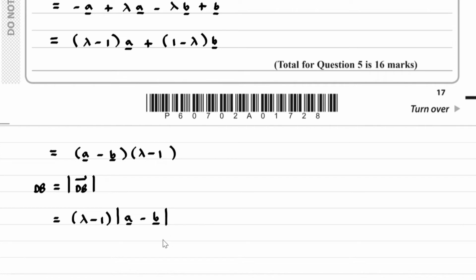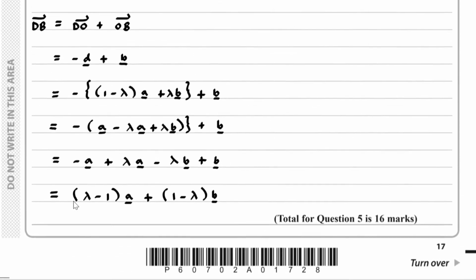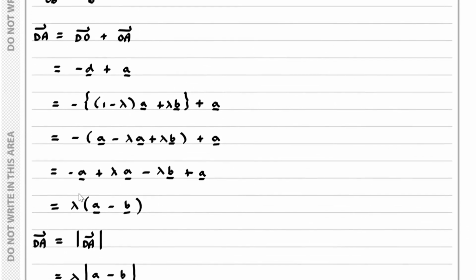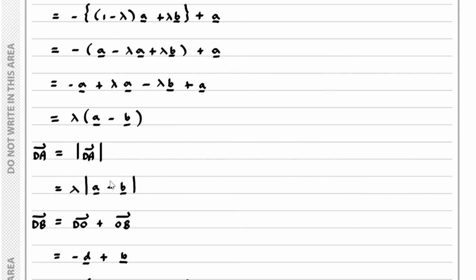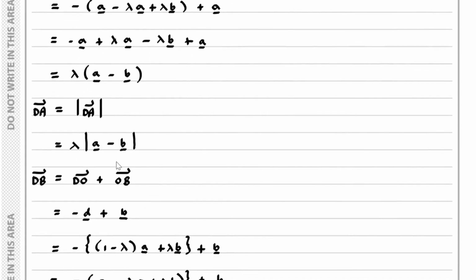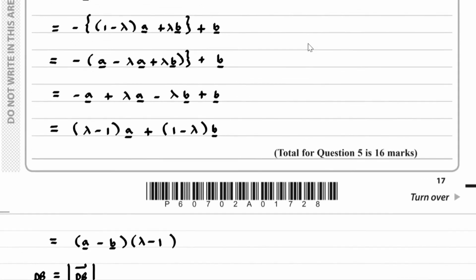So knowing that, we know what lambda is, so we can use our result for lambda to help us find out what dB is and what dA is.